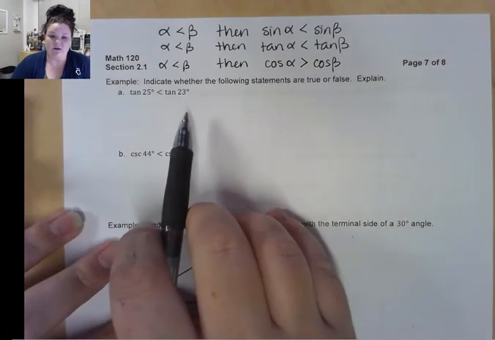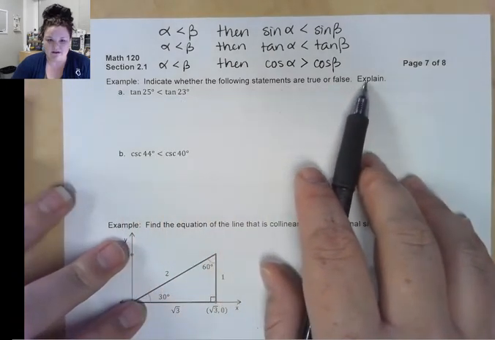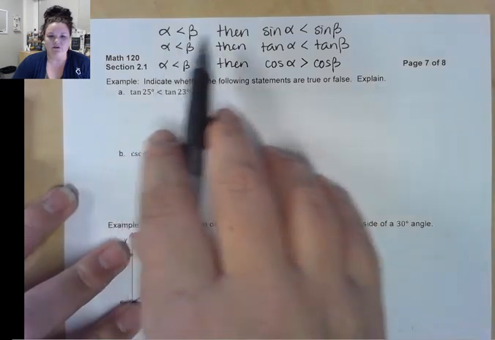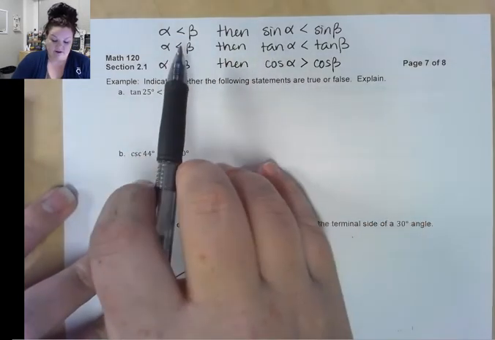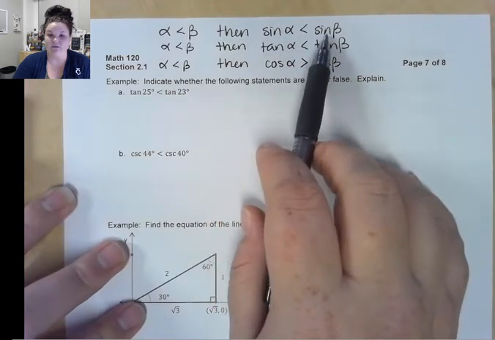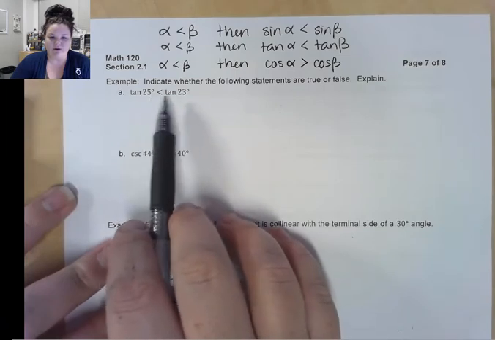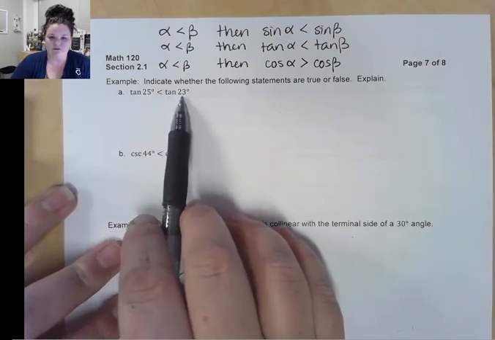All right, so here's our problem. It says indicate whether the following statements are true or false and then explain. So what I want to do is use this reasoning: if I know the first angle is smaller than the next one, then I should know the behavior of the trig function, right? So I'm going to rewrite this with the smaller angle first.